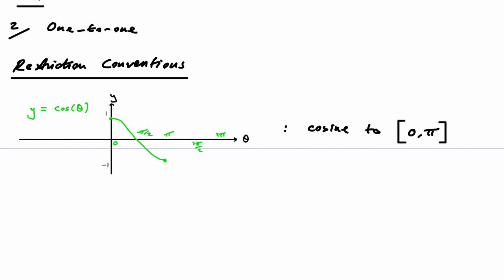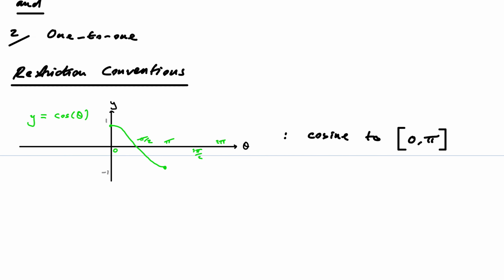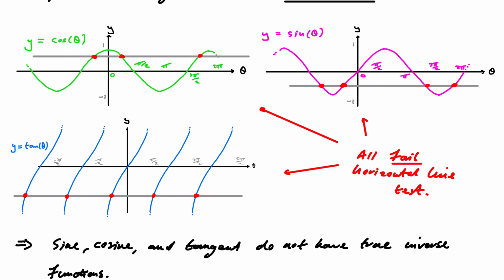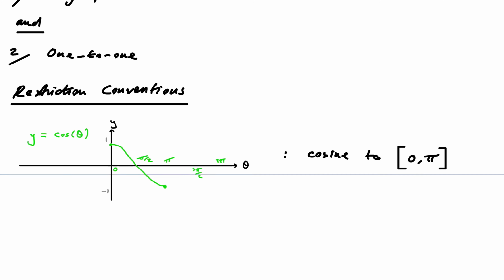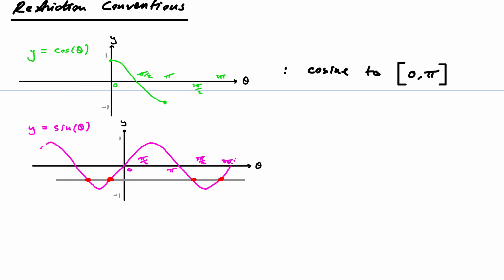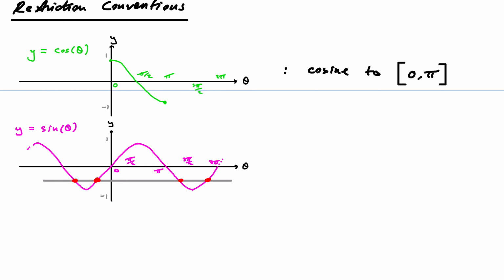What about sine? So for sine, let's go upstairs and grab this again. So again, we've got loads of options, don't we? Loads of options. And there's no completely natural one, honestly.